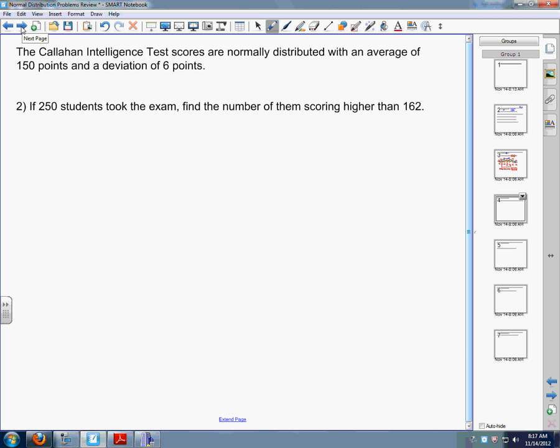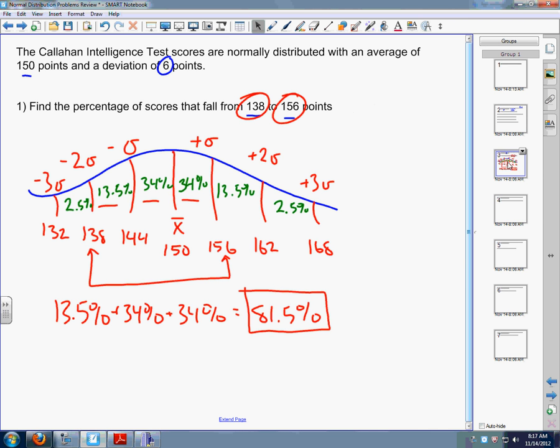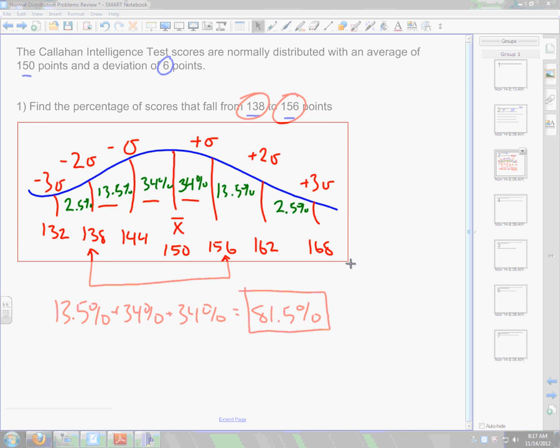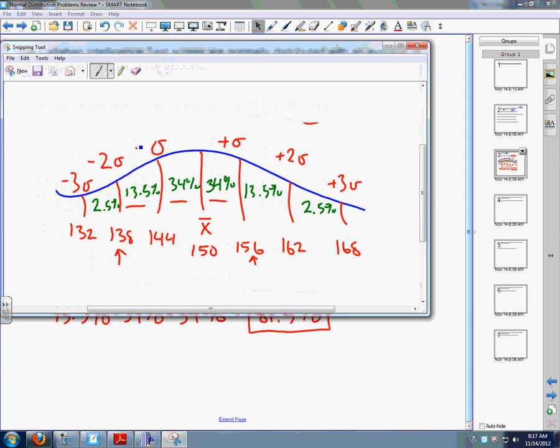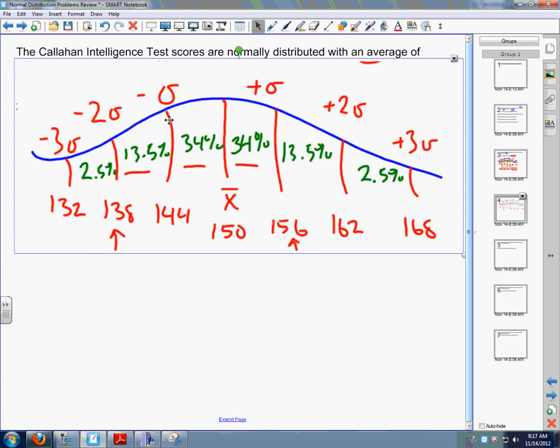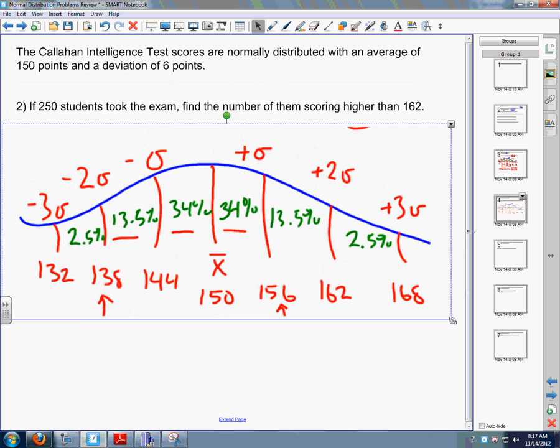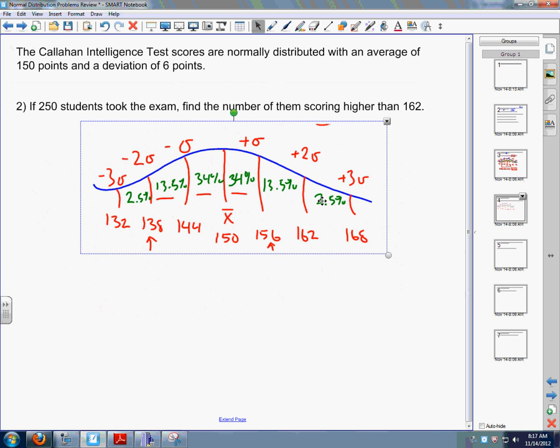Here's the second one. If 250 students took the exam, find the number of them scoring higher than a 162. For this one, I'm going to go back to this picture and use the same curve. So I'm just going to use the snipping tool and steal this picture, paste it over here, because the curve's still going to work.